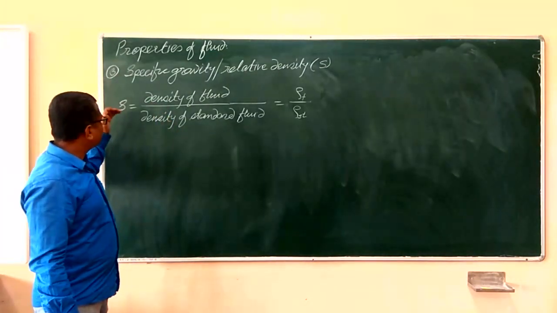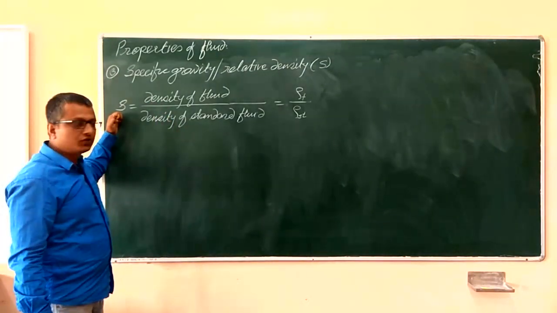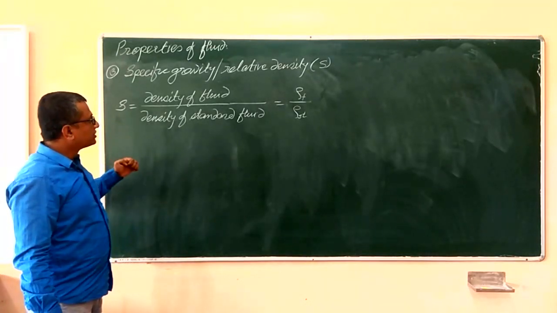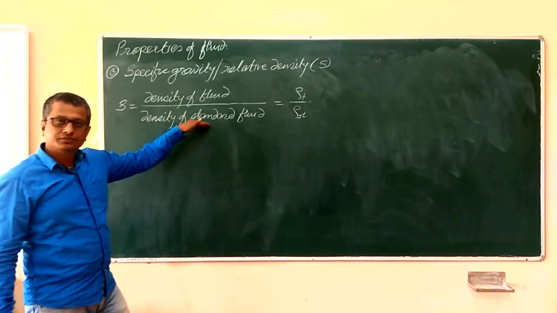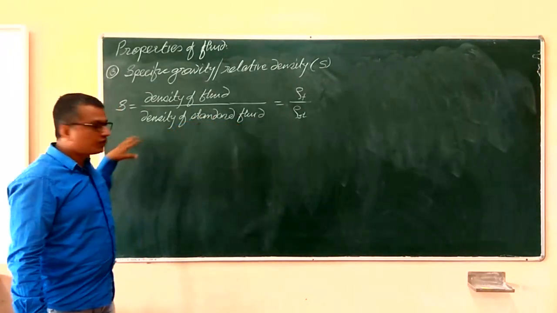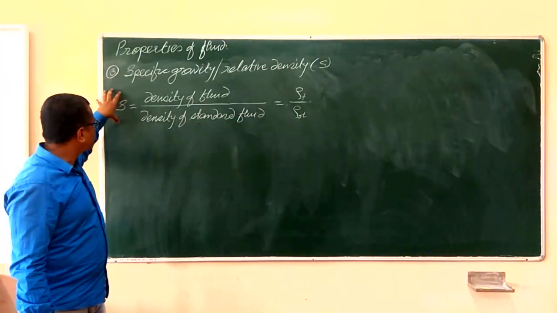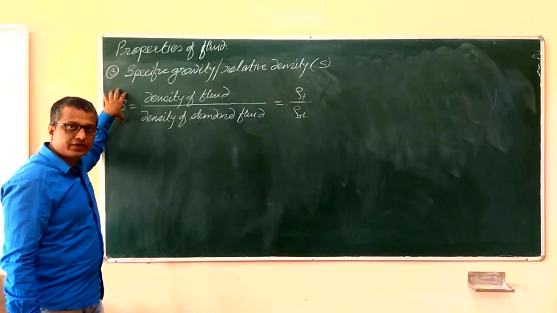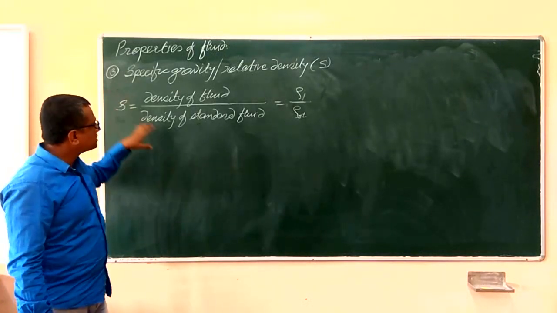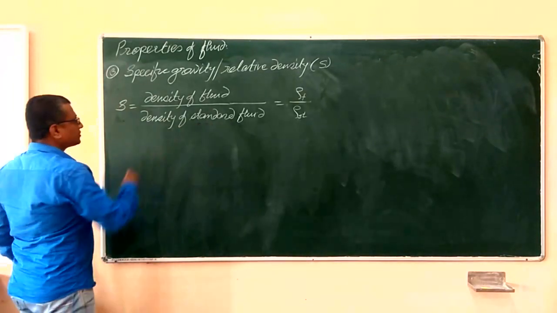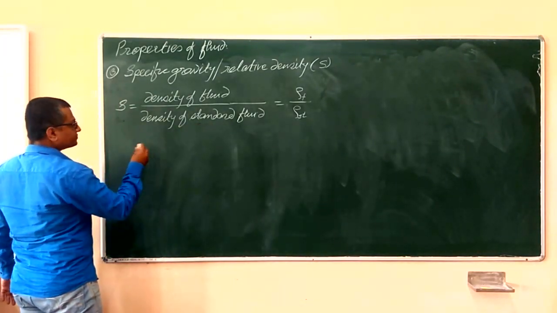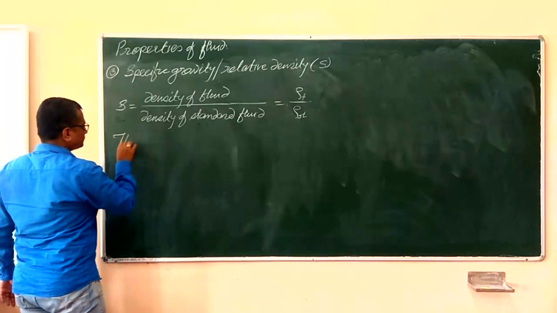While we are measuring the specific gravity of a fluid, if the fluid is a liquid, then we take water as the standard liquid, and if we are measuring the specific gravity of gases, then the standard fluid is taken as air.